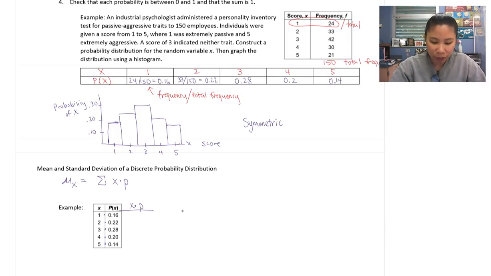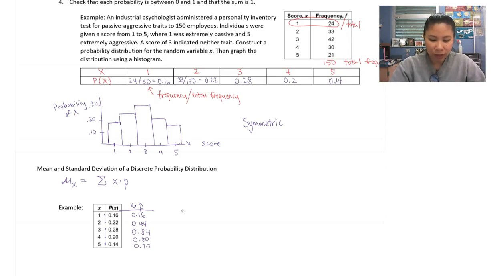So for an x value of 1, I get 1 times 0.16 is 0.16. 2 times 0.22 is 0.44. 3 times 0.28 is going to be 0.84. 4 times 0.20 is 0.80. And 5 times 0.14 is 0.70.